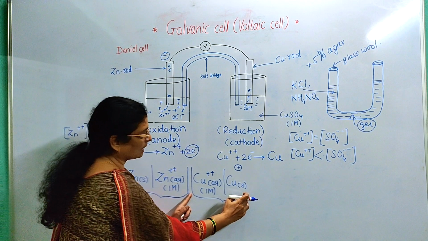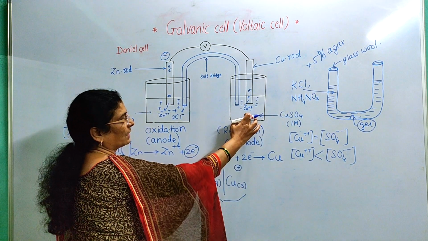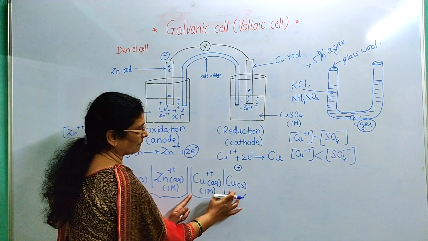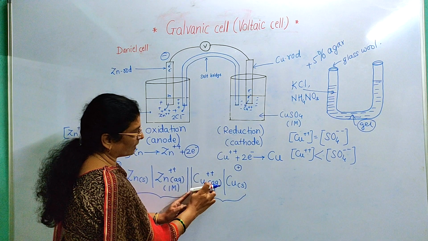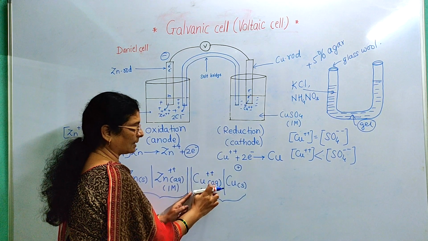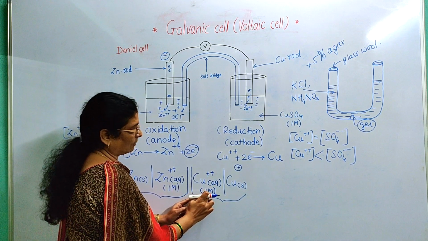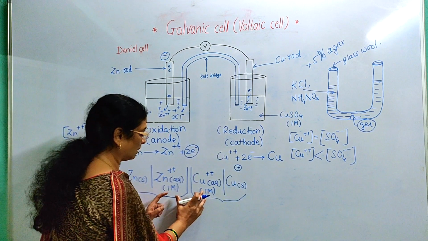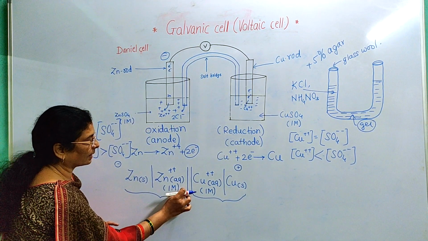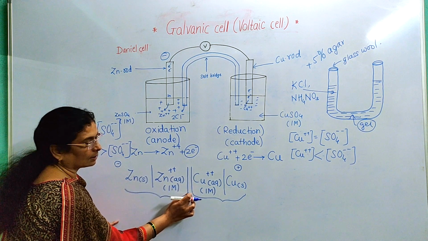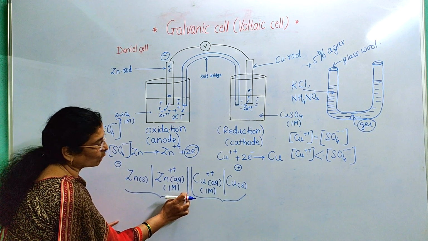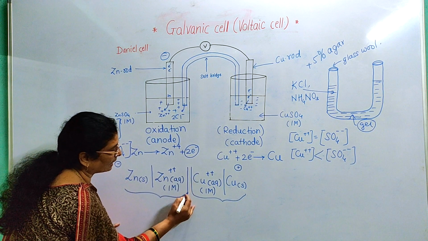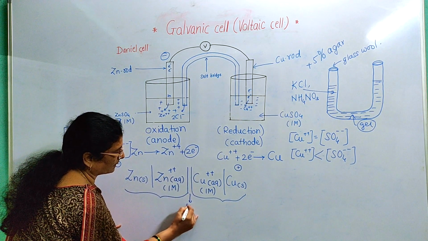Now, this is the representation for the copper half cell where reduction takes place. For reduction, we have written first Cu++ ions, aqueous solution 1 molar is the concentration, Cu rod is there. And these two half cells are connected by using the double vertical line, or this double vertical line represents the salt bridge.